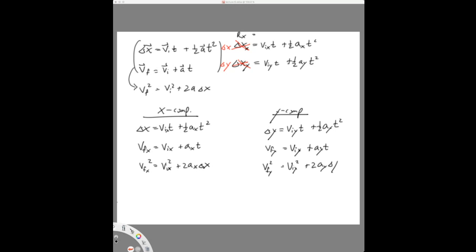Five. 5, exactly. So now that we've doubled our equations, how many variables do you think we have? I think it's still 5, right? Well, I'm thinking of v final x and v final y as 2 separate variables. Oh. So how many variables do we have now in our 6 master equations?